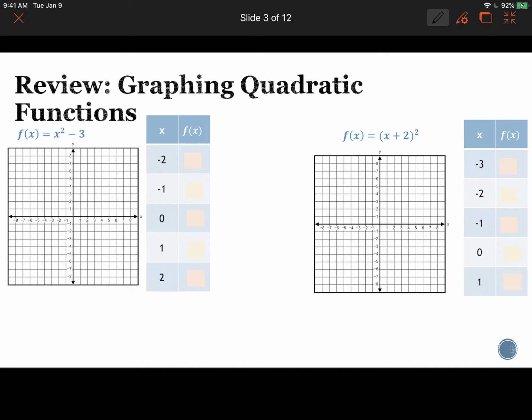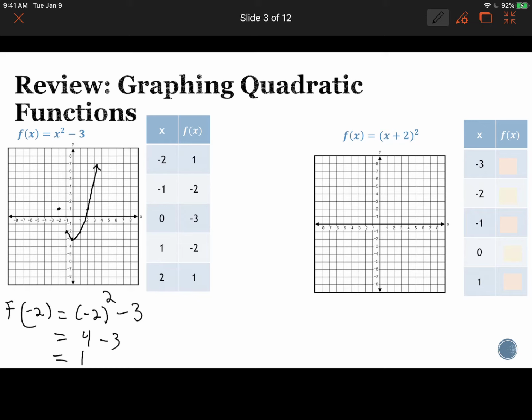So I'm going to plot these points right now. You can do the same in your notebook. -1, -2 is about there. 0, -3, 1, -2, and 2, 1. I'm going to connect these dots roughly, right?